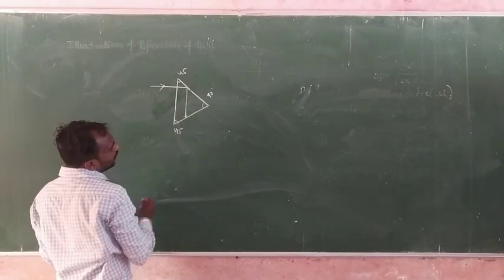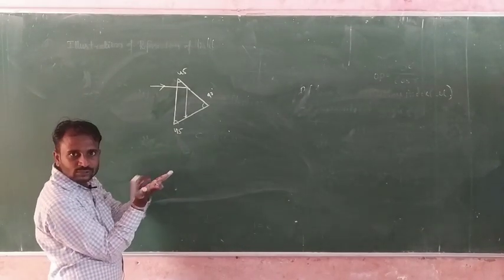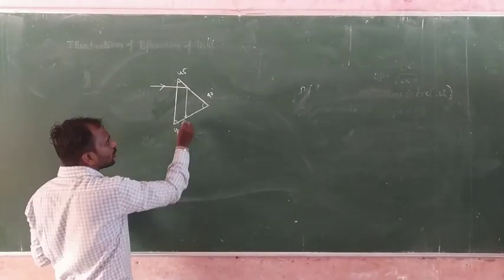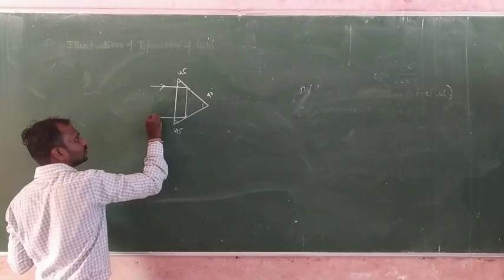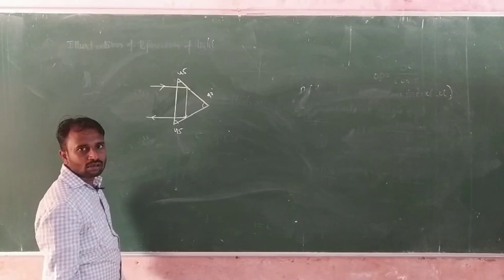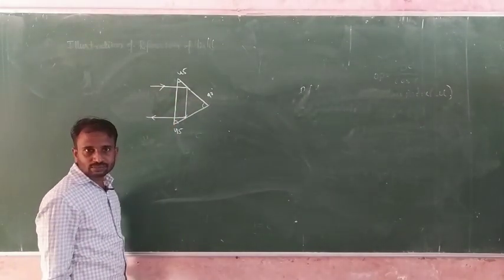At the other surface, it is again reflected. So here we get two total internal reflections.